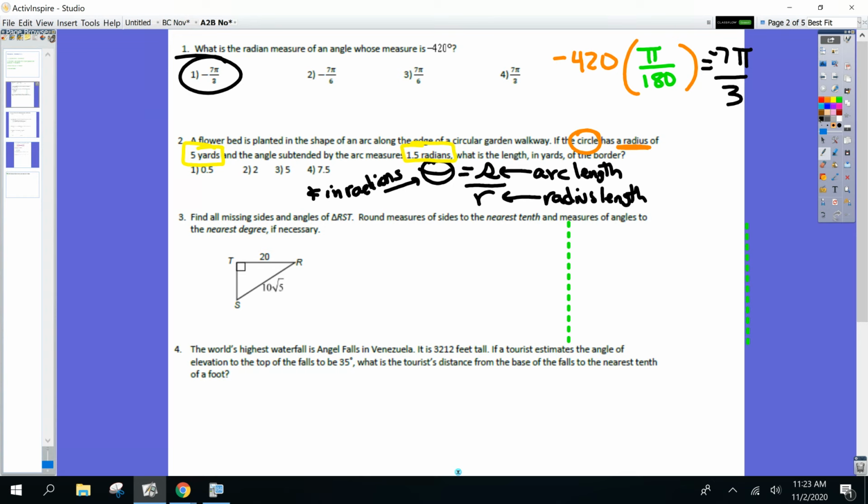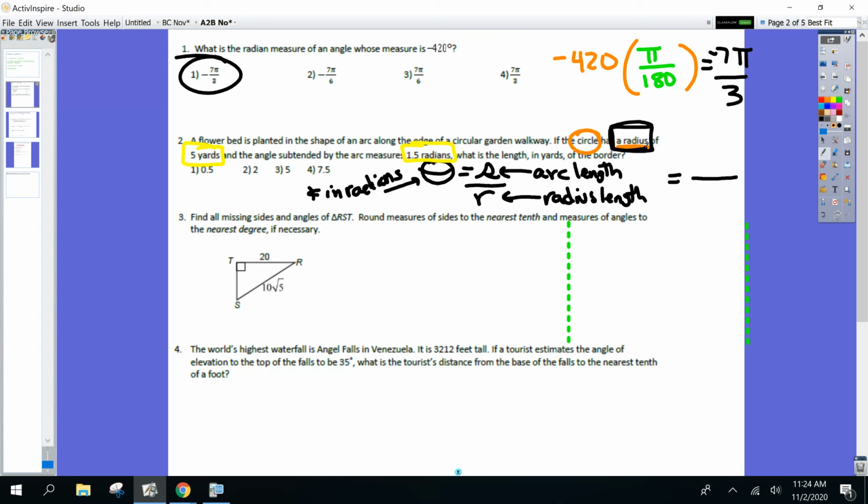Start with the 5. Okay, if the circle has a radius of 5 yards, what variable is the 5 going in for? The S. Ready? If the circle has a radius of 5 yards. What is it called? It's the first one. No. You're not reading it, Isaiah.